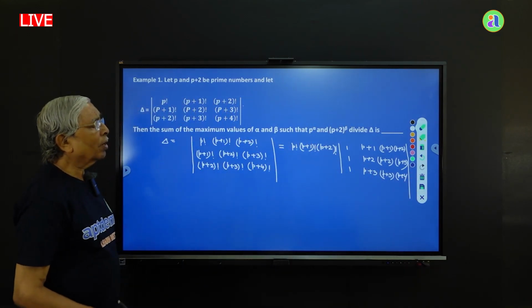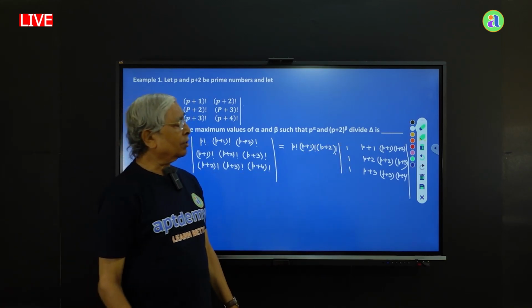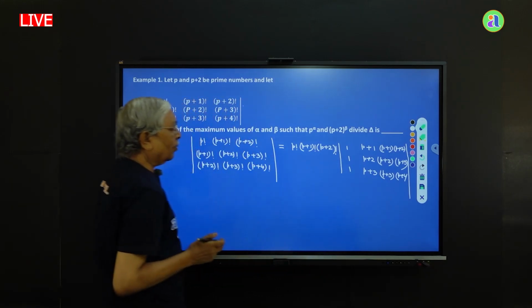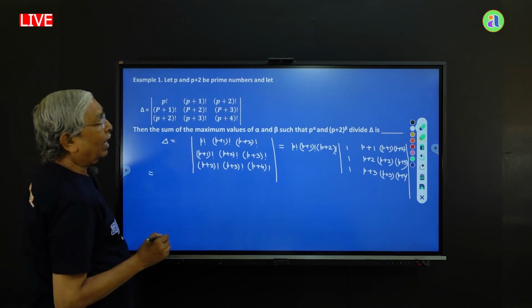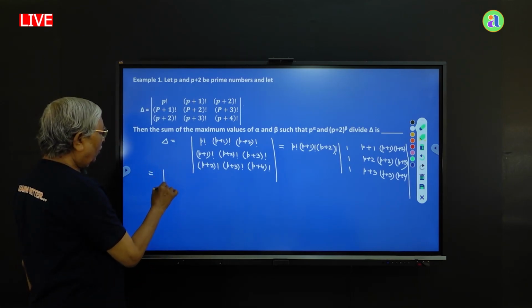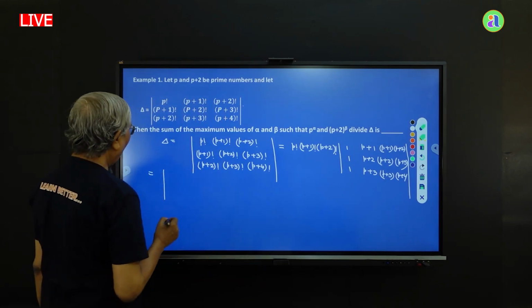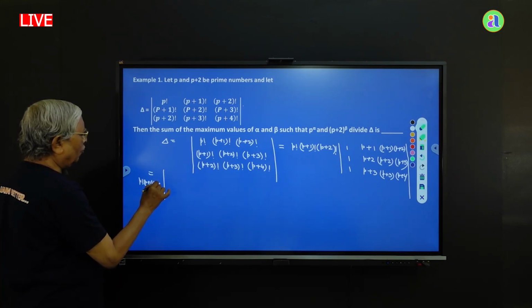Next step, in the first column you have got three ones. To make two zeros, apply the operation: the first row is fixed.